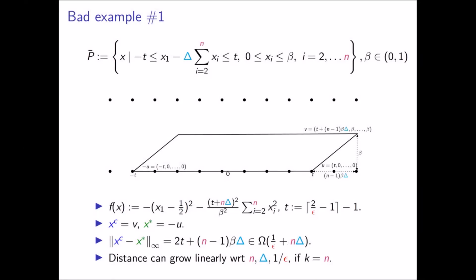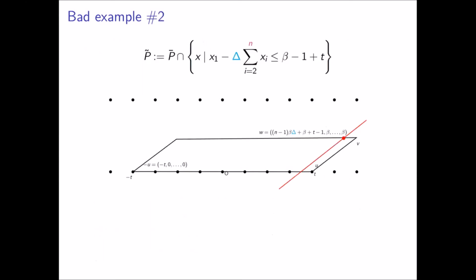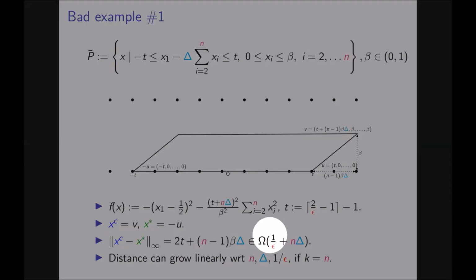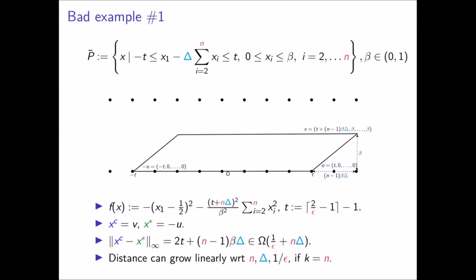And this implies that the distance between optimal solutions to QP and epsilon approximate solutions to IQP can grow linearly in n delta and 1 over epsilon. This is the case k equal to n, because if you noticed in our objective function, all variables appear quadratically. So it's really just the case k equal to n.